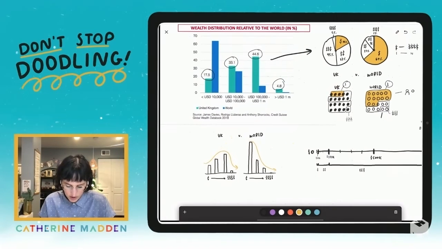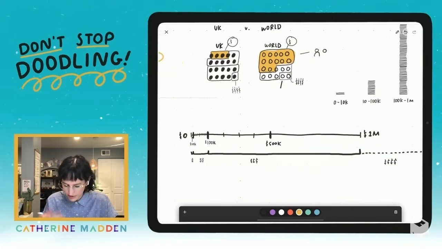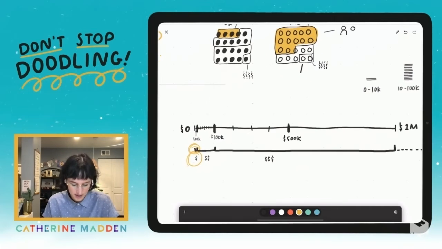And that was interesting, but I really wanted to dive in more to this logarithmic scale. The first thing I did was roughly eyeball this logarithmic scale from the first bucket being 0 to $10,000, and then multiplying that by 10 to show 10,000 to 100,000, and then multiplying this size by 10 to show 100,000 to a million.